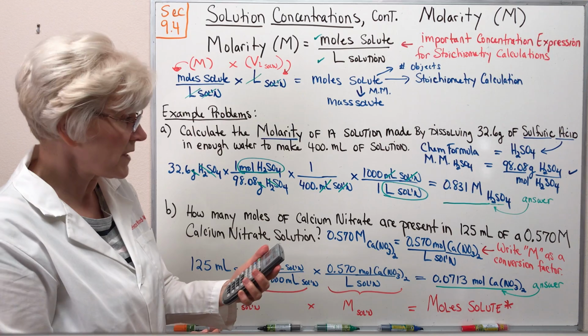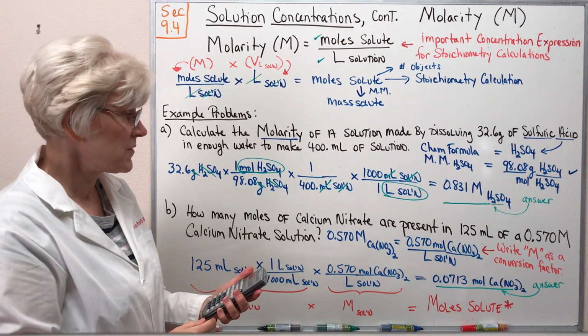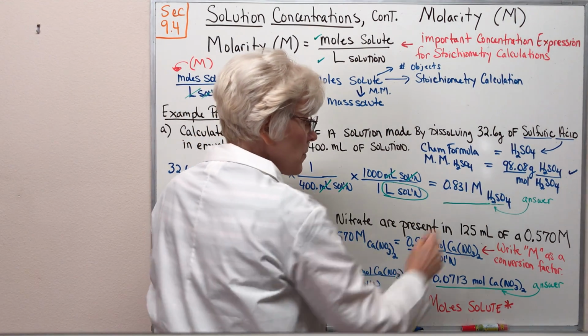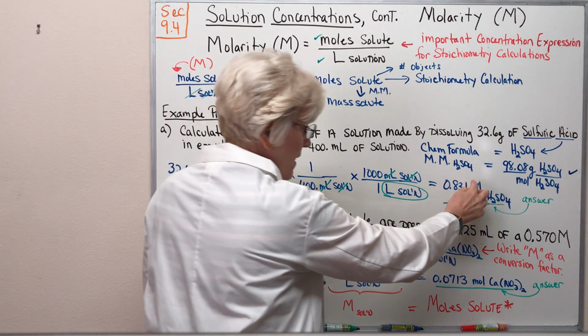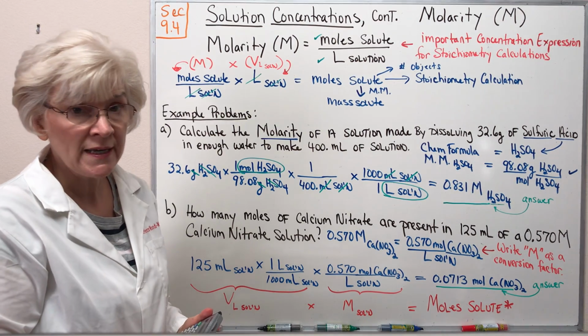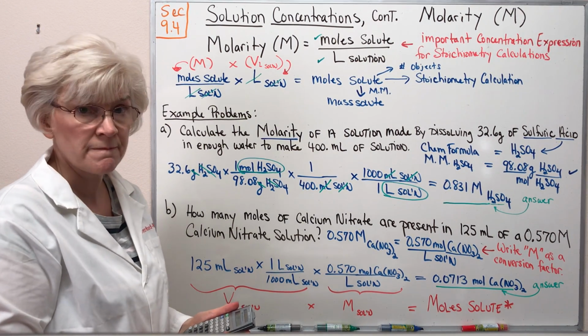So I am expressing the molarity of this solution as 0.831 molar sulfuric acid, representing the molarity with a capital M. 0.831 molar sulfuric acid solution.